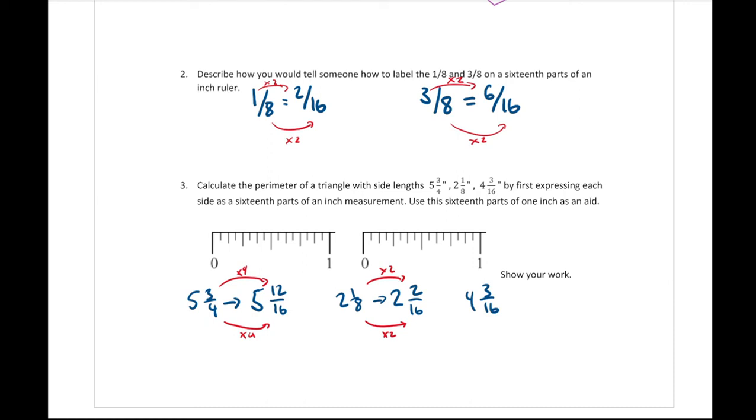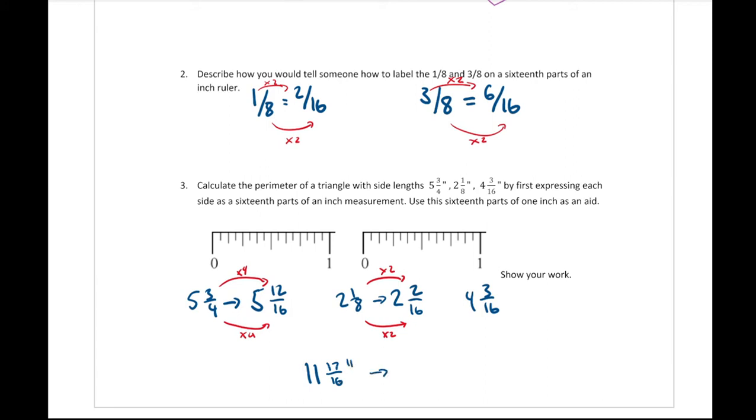So if I want to find the perimeter, I have 5, 2, and 4. So I have 11 full inches, and 12, 2, and 3/16. So 12 plus 2 plus 3. 12 plus 2 is 14, plus 3 is 17. So I have 11 and 17/16 of an inch.